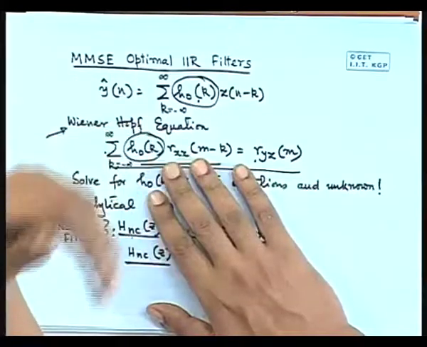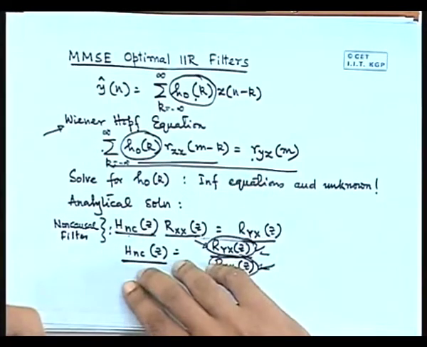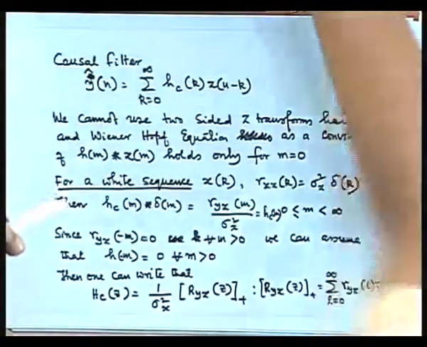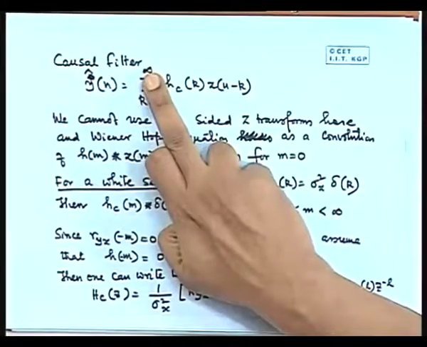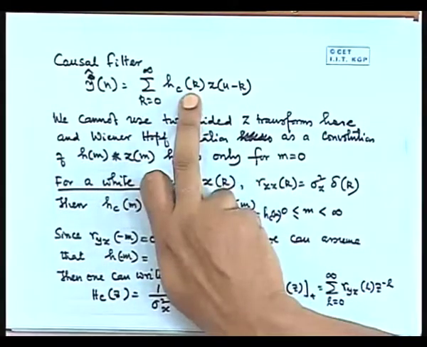So what about the causal solution? We will discuss this in more detail in a later class. Today we don't have time to go through it. But the main problem is that this sum is now from 0 to infinity, not from minus infinity to plus infinity, because you are looking for a causal filter.